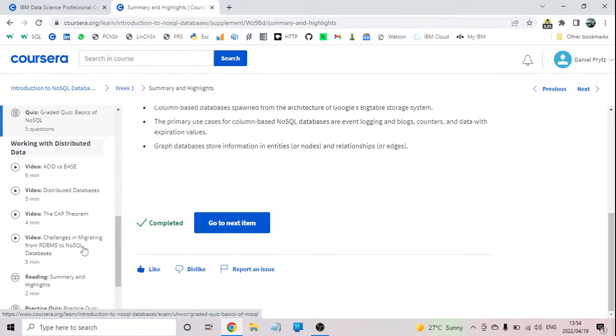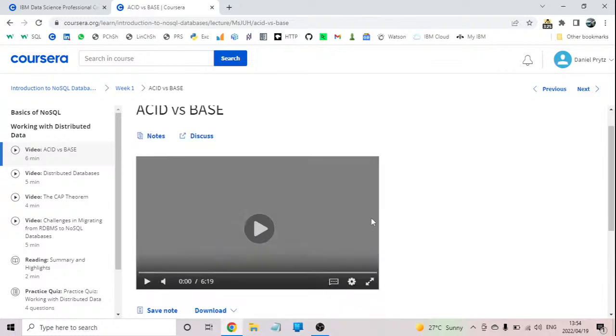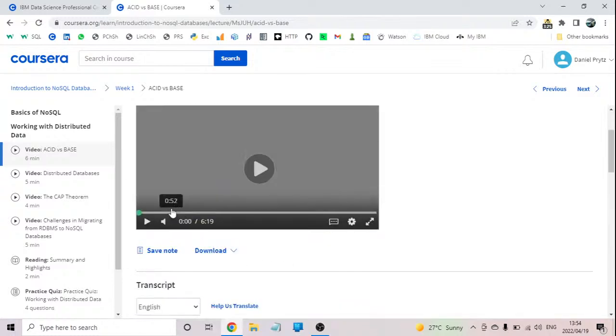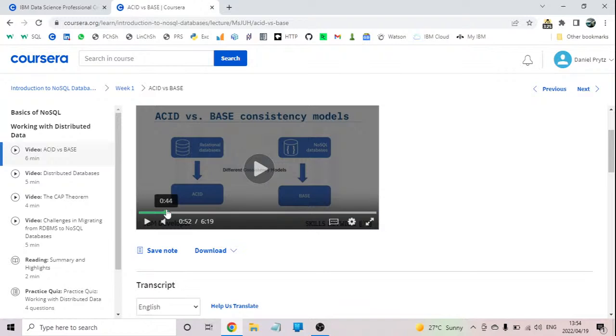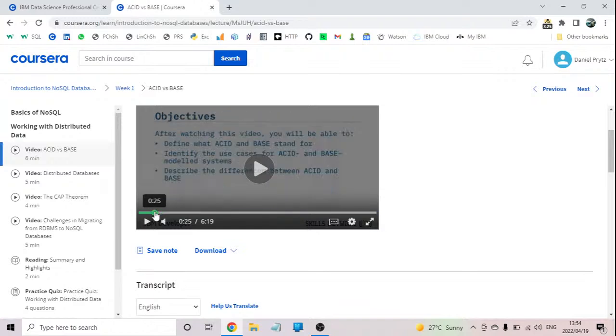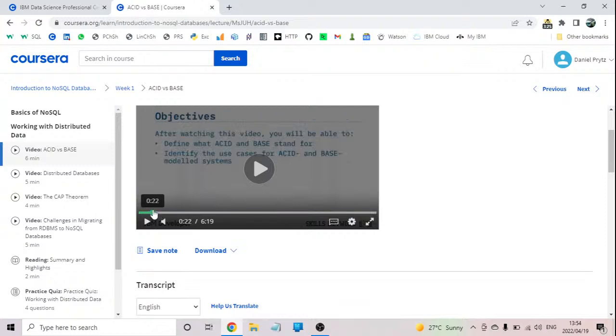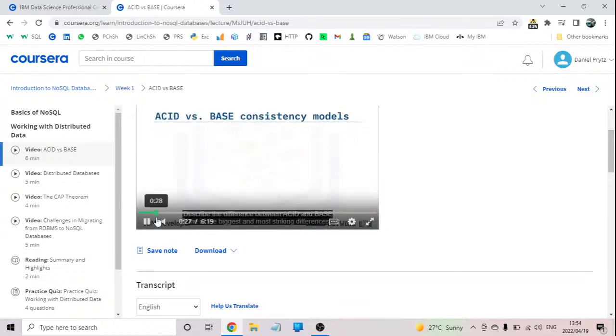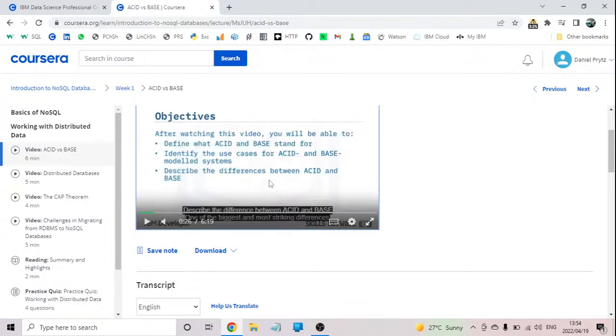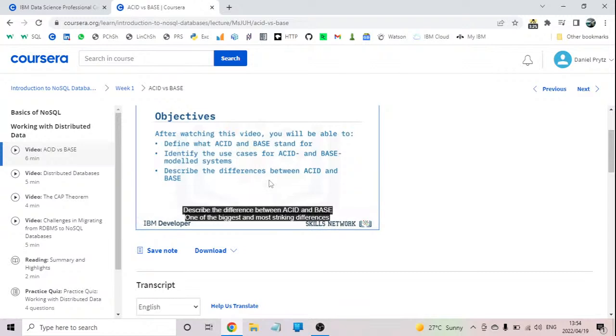Should we just get some highlight? Wait. Okay, so this is the learning objectives, right? Okay, learning objectives. Let's keep going.